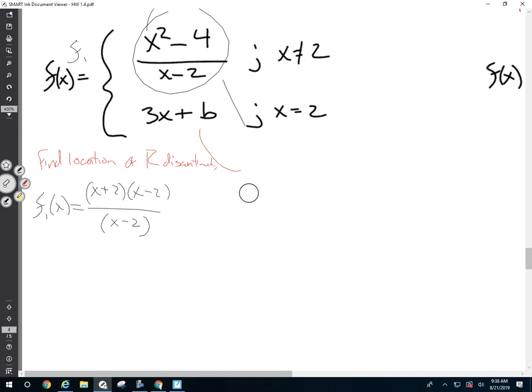So, how do I find the location of the hole? I will simplify the x minus 2's, and I will plug in 2. This is like even a separate one, like f little 1 star at 2 is going to be 2 plus 2, which is 4. So this is the y location of the hole.